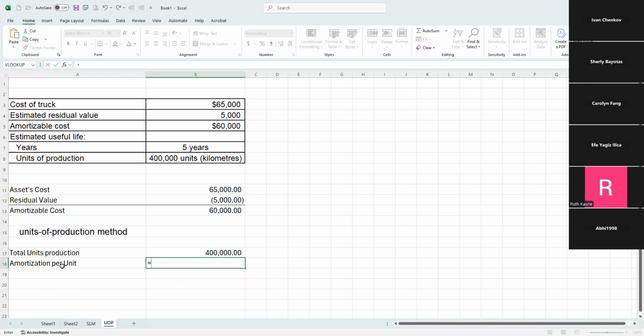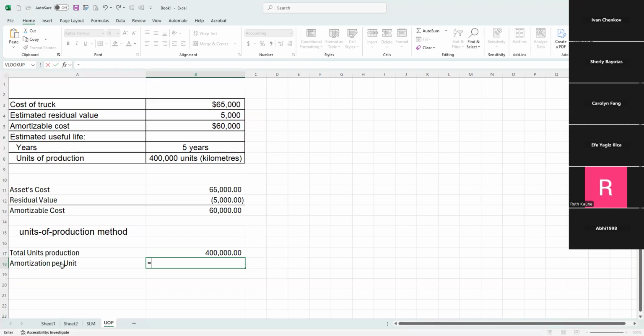How much do I have to amortize? 60,000. Over how many units? 400,000. So what I'm chasing here is amortization per unit.